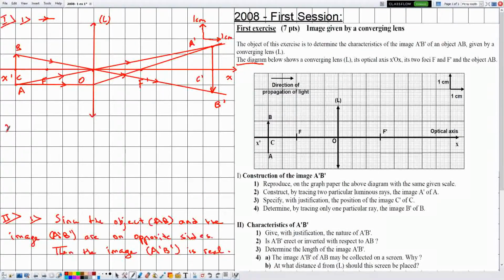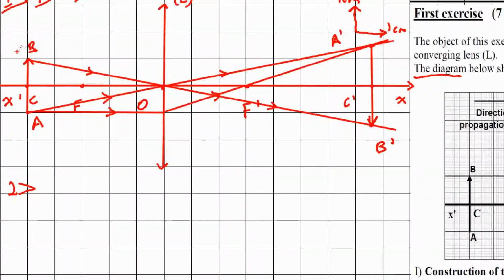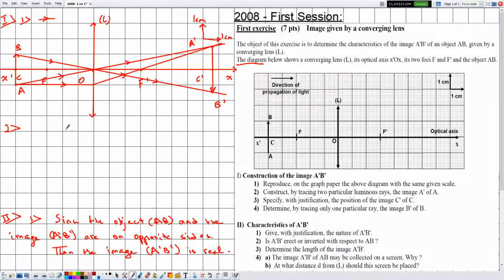now in number 2 they are asking me, is A prime B prime erect or inverted with respect to AB? So in other words, they are asking me about the direction of the image. Notice that the object here is pointing upward, whereas the image is pointing downward, which means that the image A prime B prime is in an opposite direction with respect to AB, which means it is inverted.